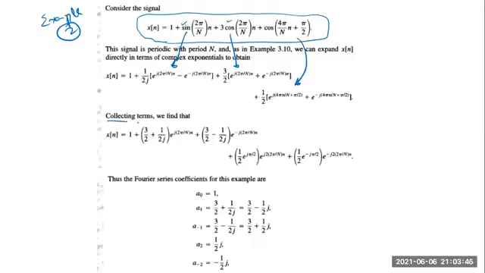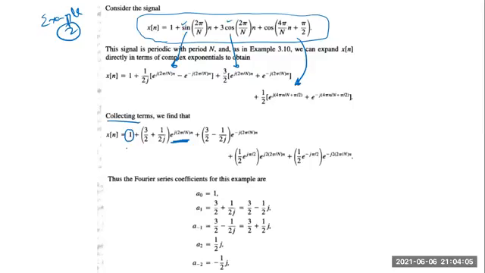And then you can collect the terms together so that all of the terms related to this come together. Now this is the representation of the given signal in terms of complex signals. But we need to find out what this is representing.